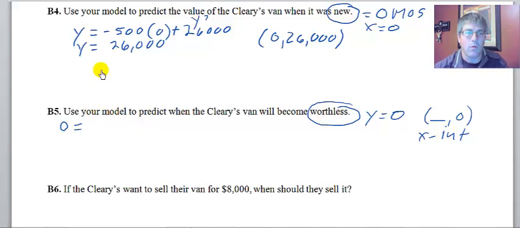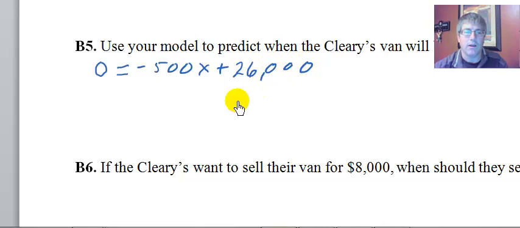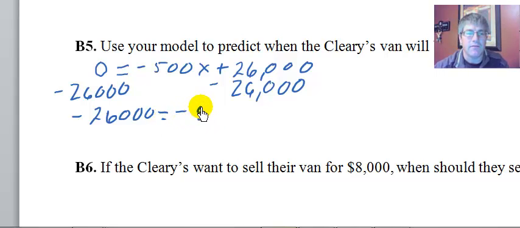So 0 equals negative 500x plus 26,000. Using our equation, we subtract 26,000 from both sides, and we get negative 26,000 equals negative 500x.